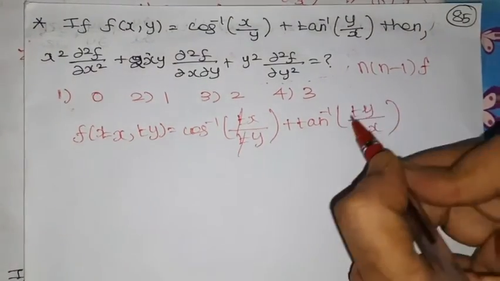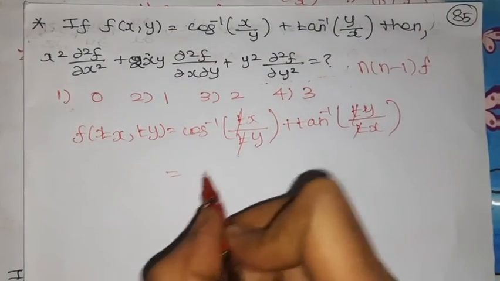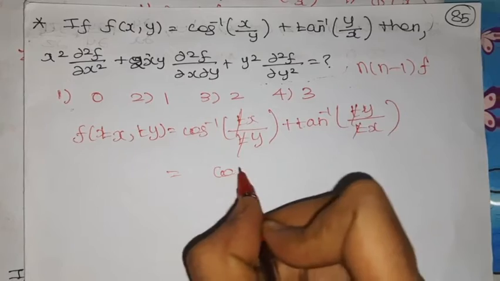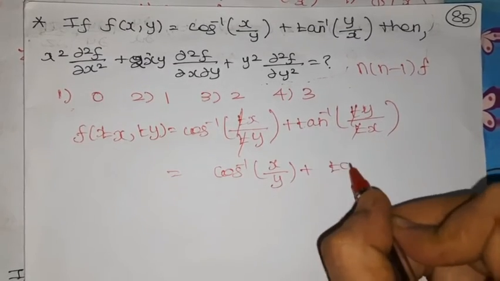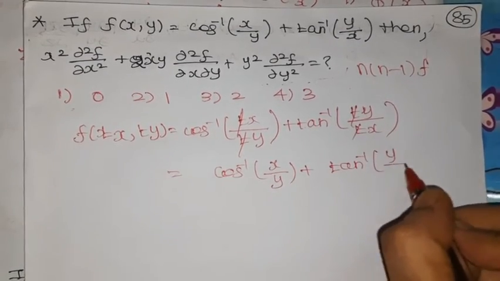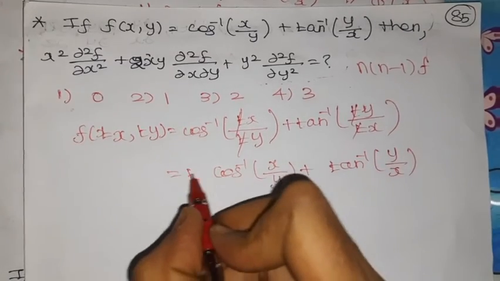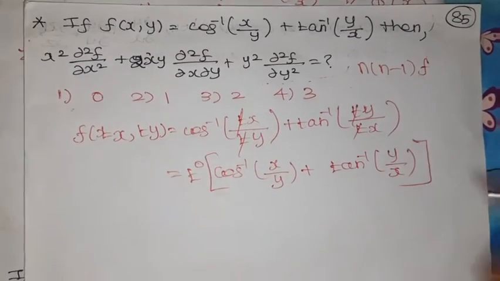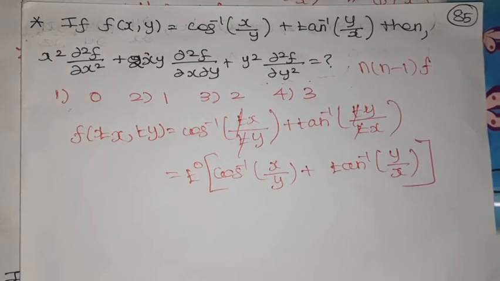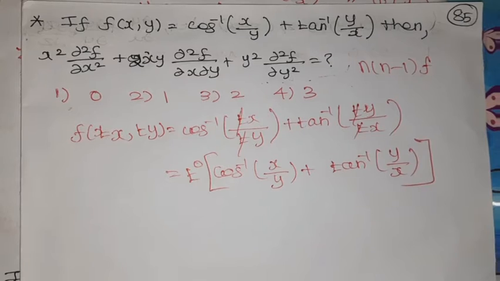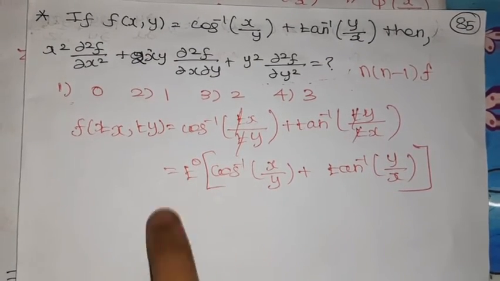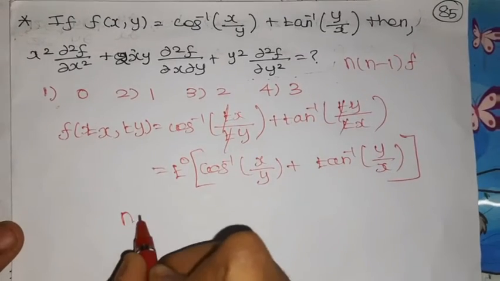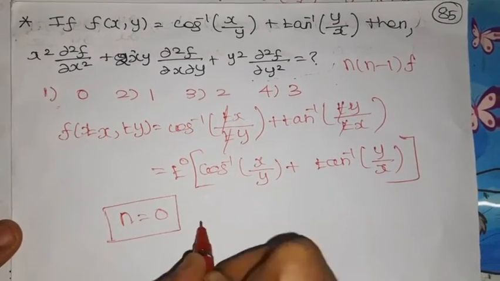The t cancels, so it is simply cos inverse of x by y plus tan inverse of y by x. How can we write? Anything power 0, we can write like this as t power 0. So this f is a homogeneous function of degree 0. What is the degree? 0.